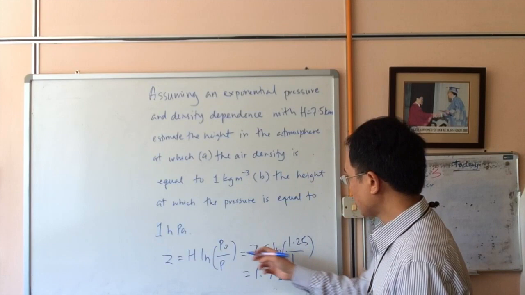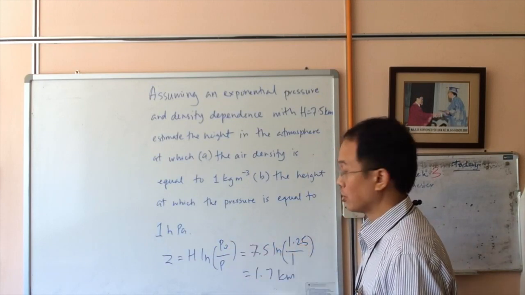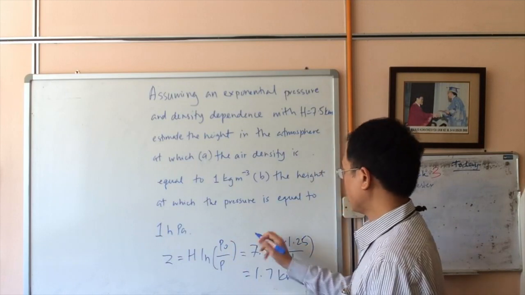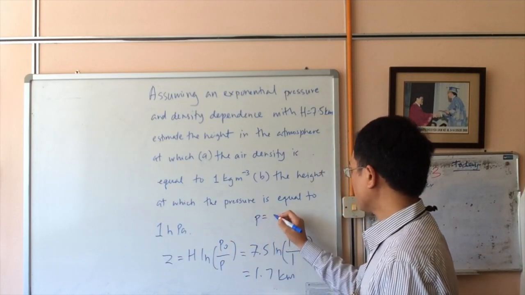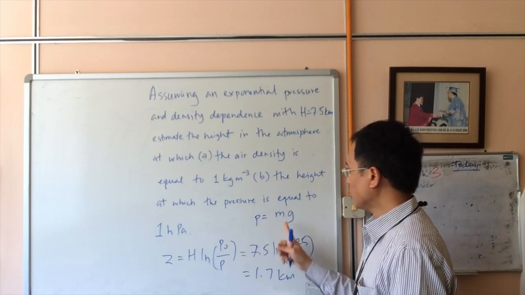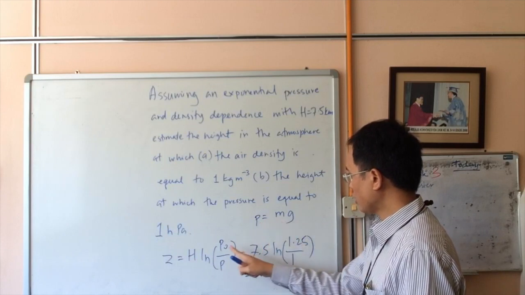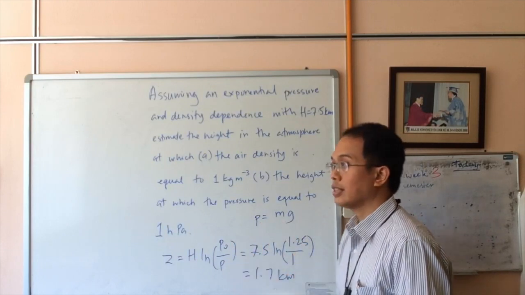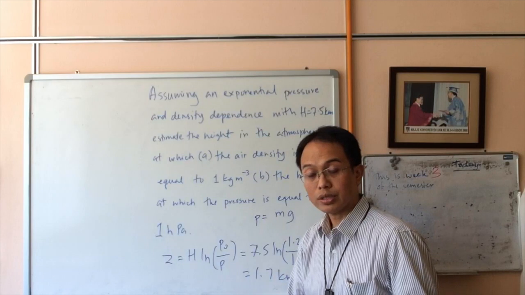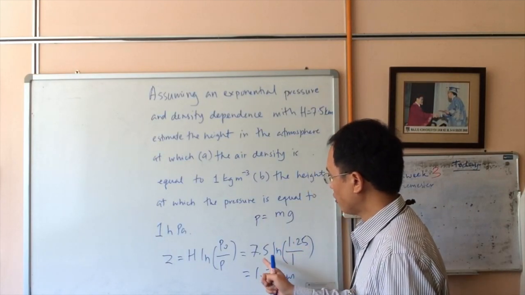So we can substitute density into this equation instead of pressure because of this relationship. Remember, pressure is equal to mass times gravity. So in the end, if you were to substitute this equation into this equation, then the constant would cancel out, and that's why we're able to use density instead of pressure.